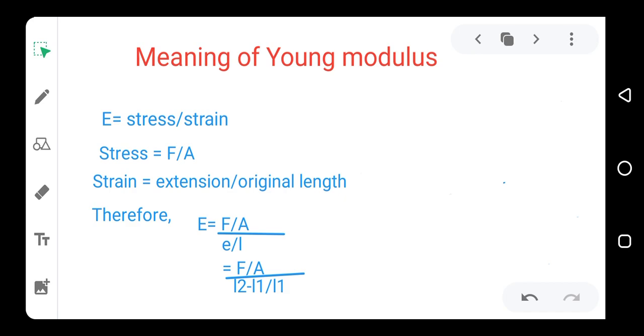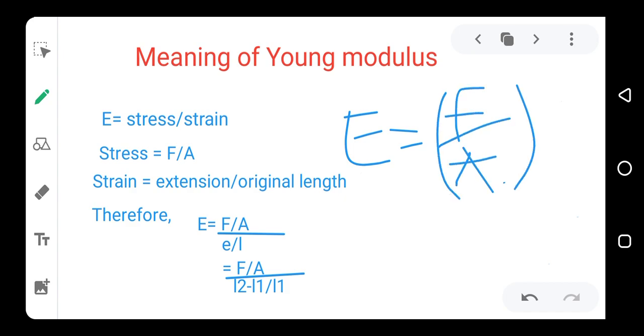So we can now write that Young modulus, we represent Young modulus with the symbol E. So we write that E is equal to force over area, F over A, this one represents the stress.